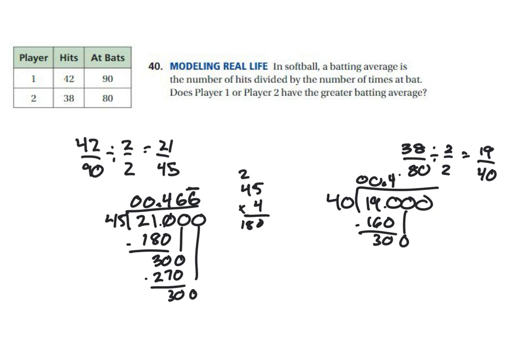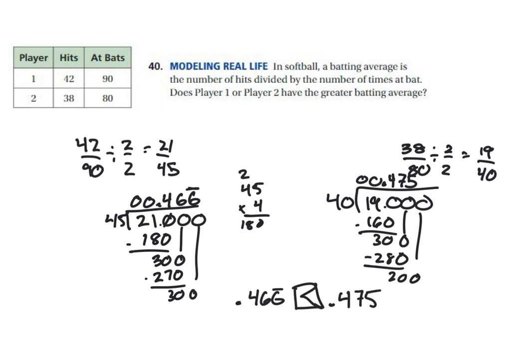It goes in there 7 times. 7 times 40 is 280. So we get 20. Bring down a 0. And 40 goes into 200 5 times. So now we've got 0.466 repeating compared to 0.475. 0.475 is bigger, so player 2 has the better batting average.